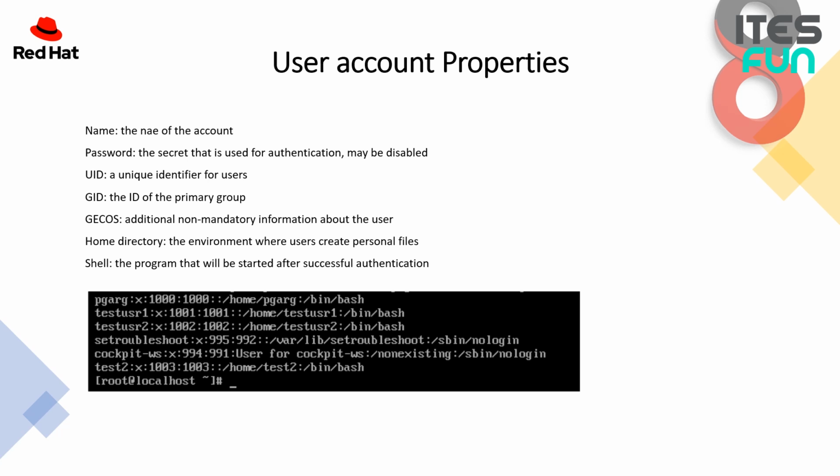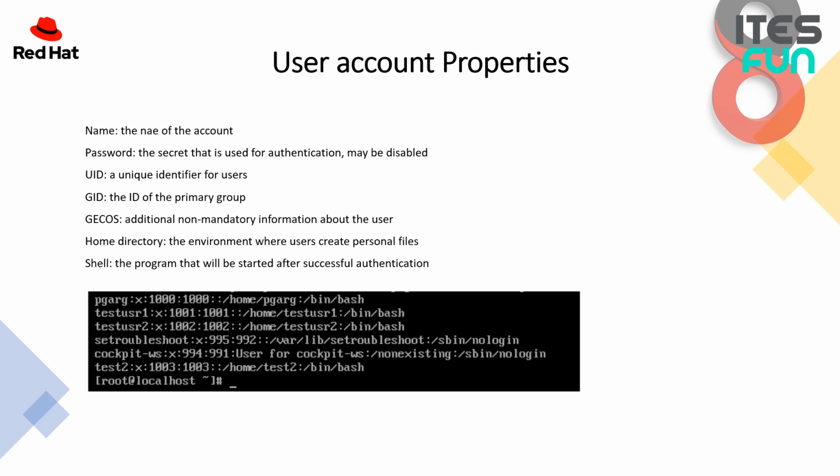Now, next is the UID. The UID is the unique identifier for users, and every user needs a unique ID. After that, in the fourth field, you can see the GID. The GID is the ID of the primary group. And the thing is that on Linux, every user needs to be a member of at least one group.